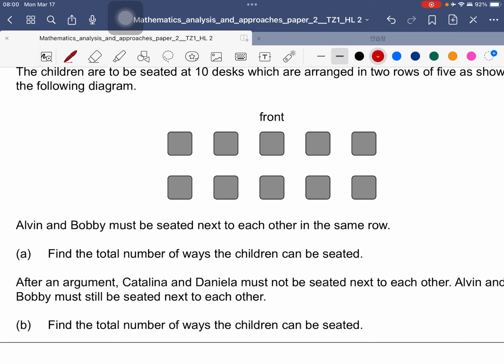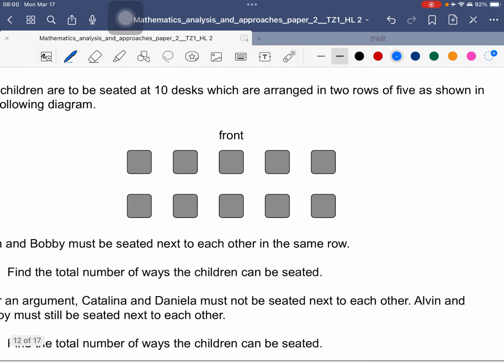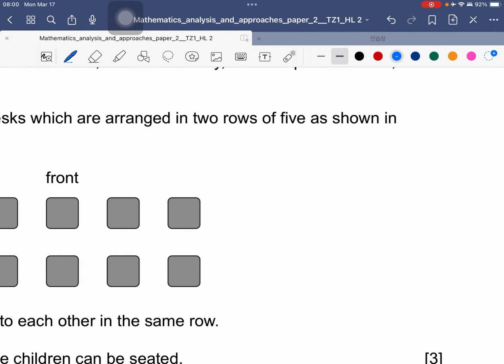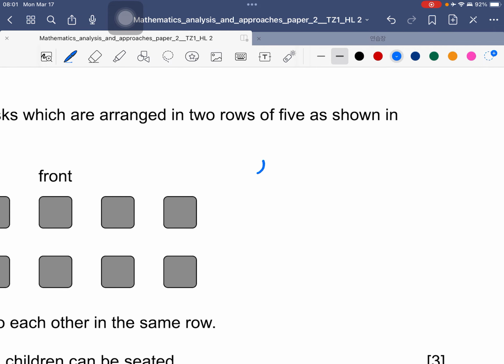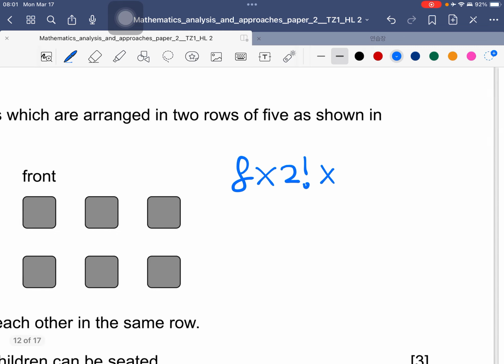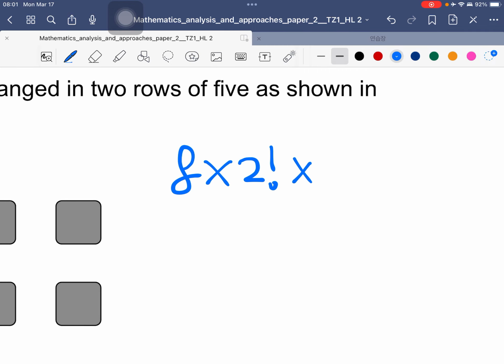And also A and B can switch position in blocking the seat. So the total number of ways of blocking seats is 8 ways, and A and B can change their seat in one block, so there's going to be 2 factorial. The rest of the students can be seated in any order, so 8 remaining students can be seated in any order. So it's going to be 8 factorial.